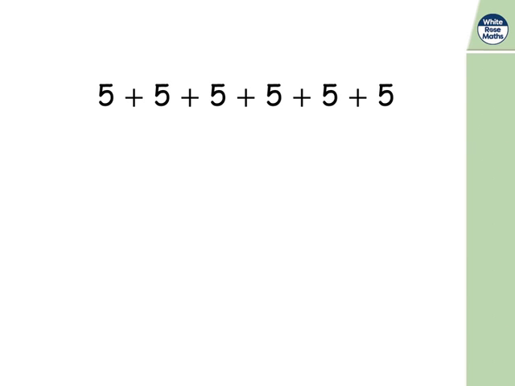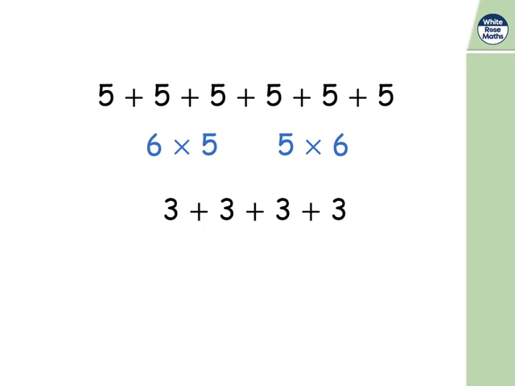Here we have 6 fives. We could write this as 6 times 5, 6 groups of 5. We could also think about it as 5, 6 times. Here we have 3 plus 3 plus 3 plus 3. 4 threes. Have a think about the two multiplication calculations that represent this addition.